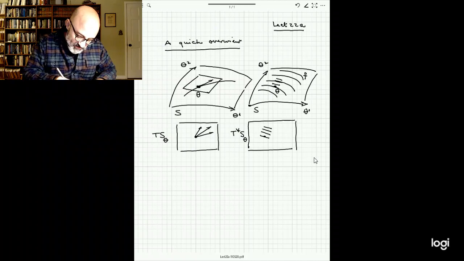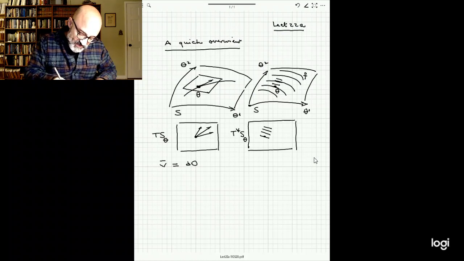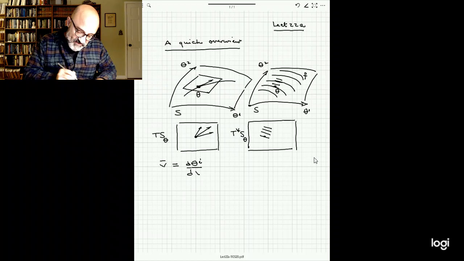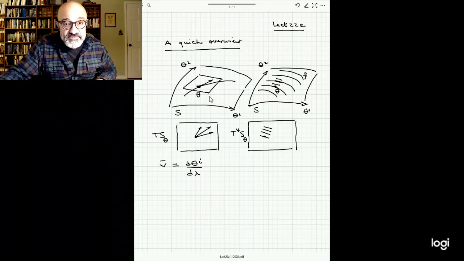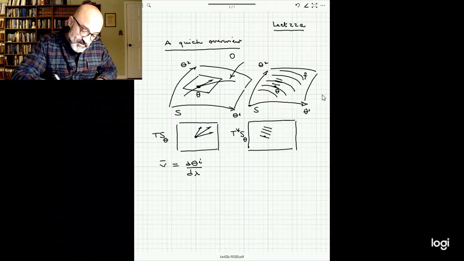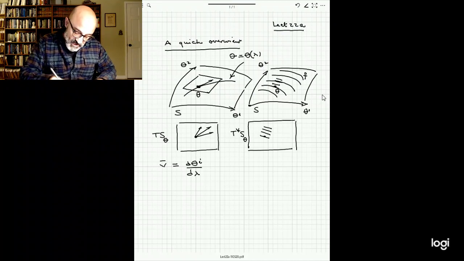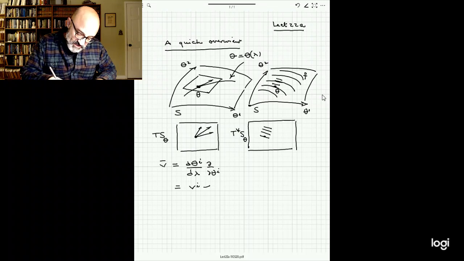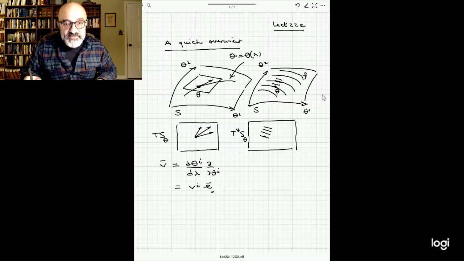Very good. A tangent vector is going to be expressed as having components that are the derivatives of the curve theta as a function of lambda. And there are basis vectors that we may write in this schematic way, or we can write this as the i components, and these are the corresponding basis vectors.